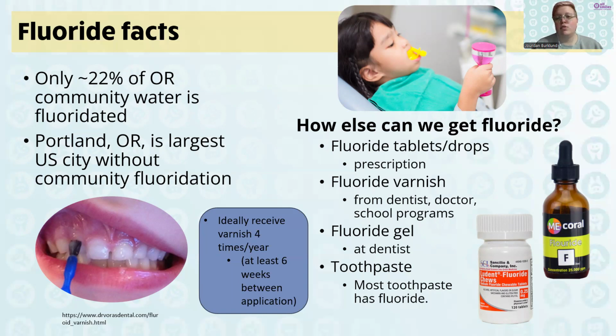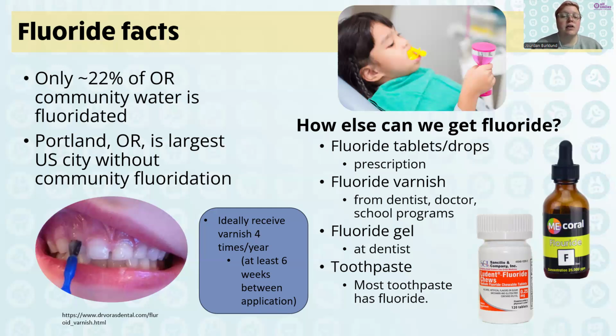It can be through tablets or drops as a prescription from a PCP. It could be from fluoride varnish, which you can get at the dentist or the doctor, or from me when I go to the classroom. There's fluoride gels. There's a lot of fluoride in toothpaste, but there's a lot more fluoride in varnish. So we want to give fluoride in as many ways as we can.